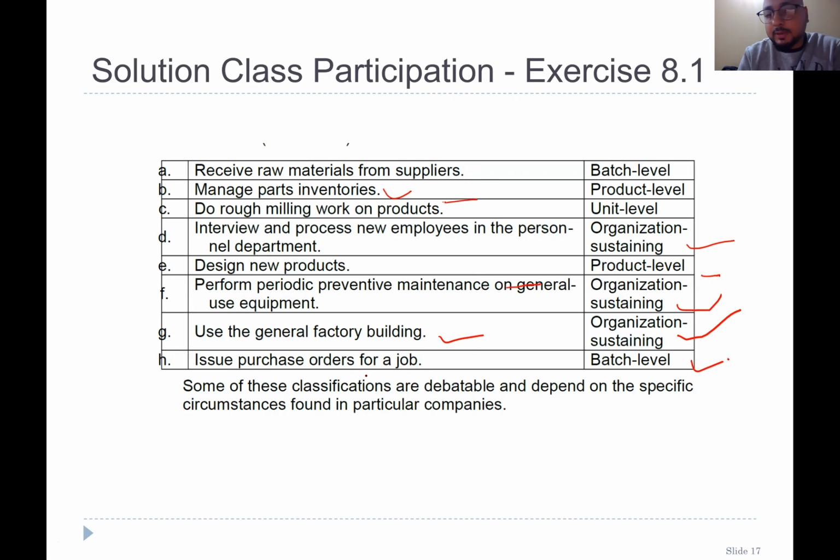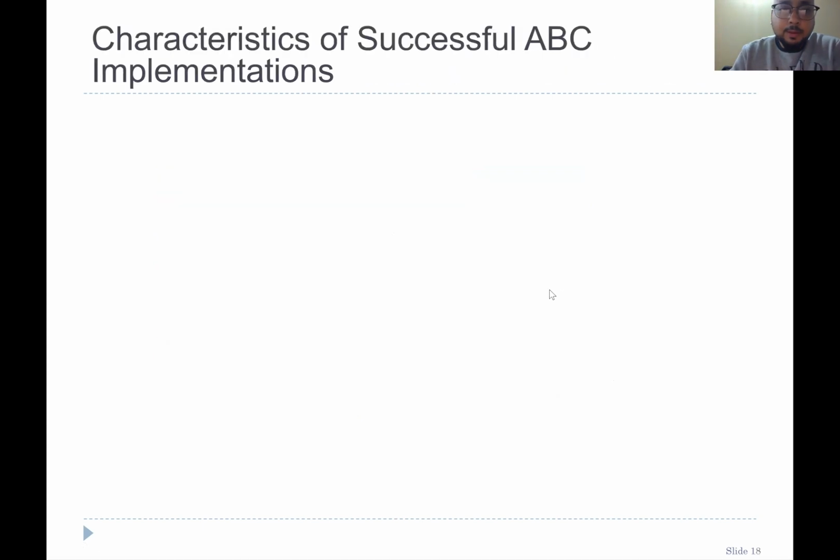So if it says that for a job that contains only red pen, then it can be the unit level as well, right? But for a job, we don't know, that order came to us, whether we have to make one type of pen, two types of pen, so it depends.